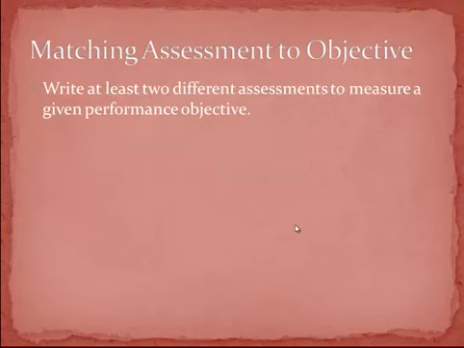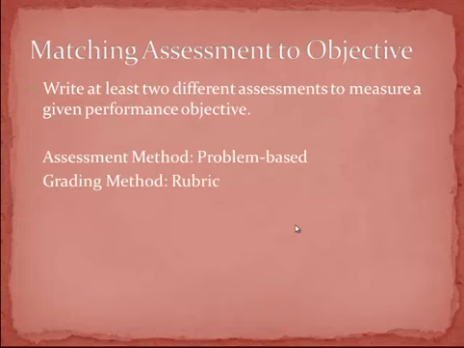Write at least 2 different assessments to measure a given performance objective. I'm going to call this one more problem-based because it's fairly complex. The first step is you have to analyze the performance objective and decide what type of objective it is.